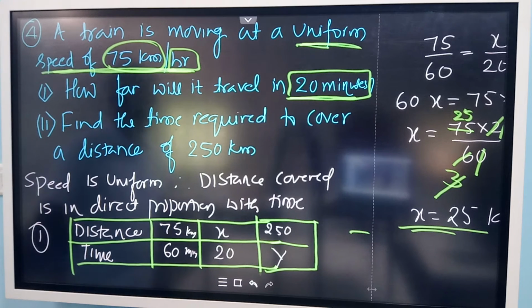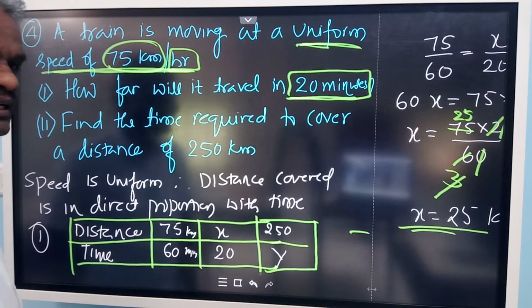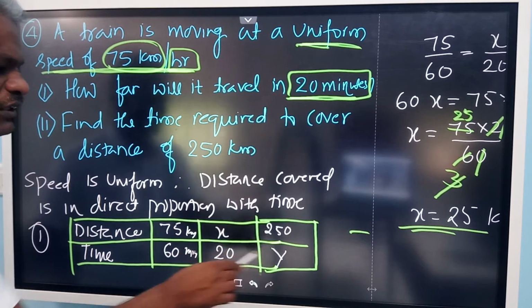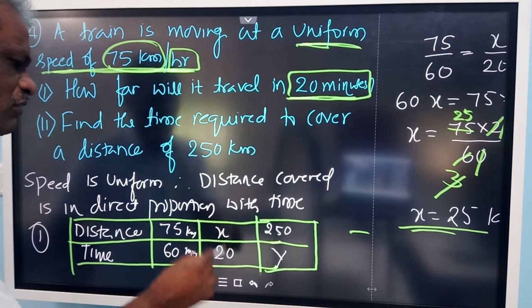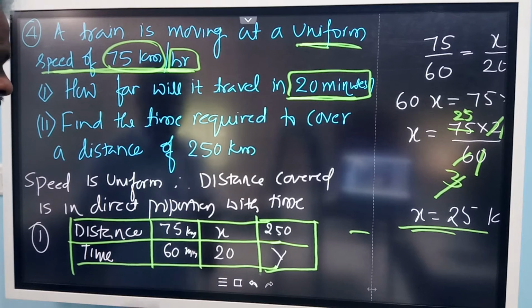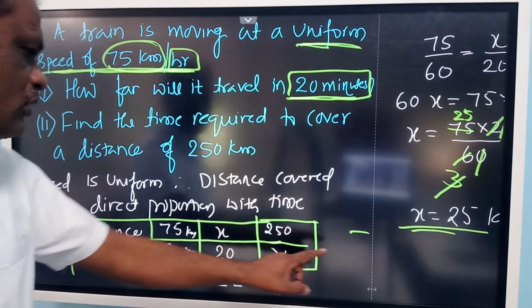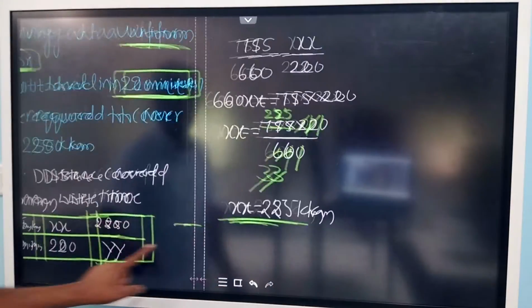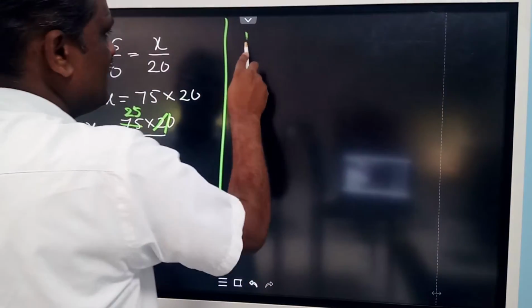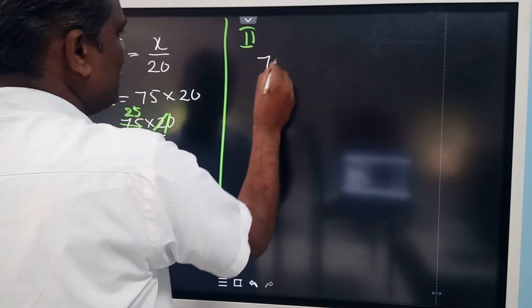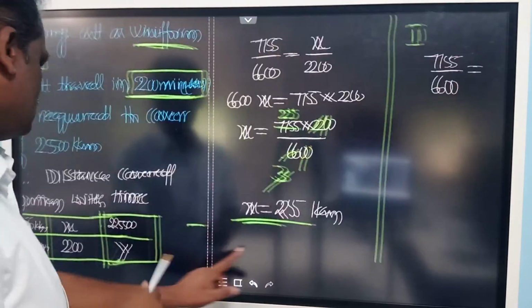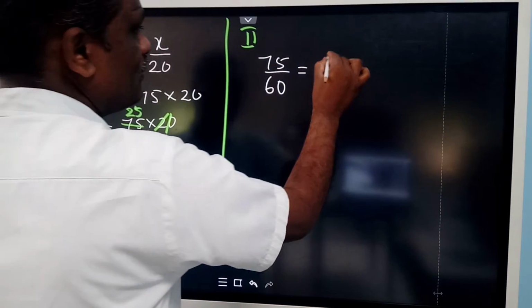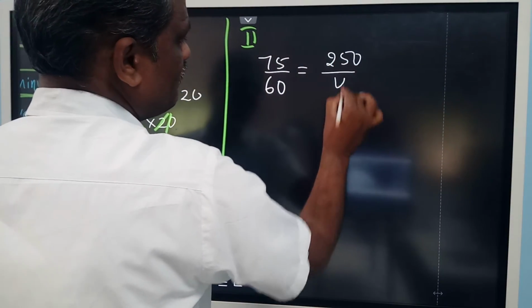Now you equate the first and the last one. Two unknown things you cannot equate, so with what we already calculated, you can use the 25 by 20 ratio, or these two ratios also you can equate. So 75 by 60 must be equal to 250 divided by y.